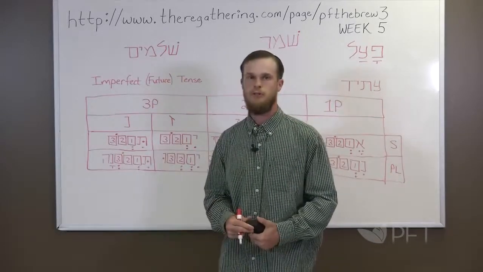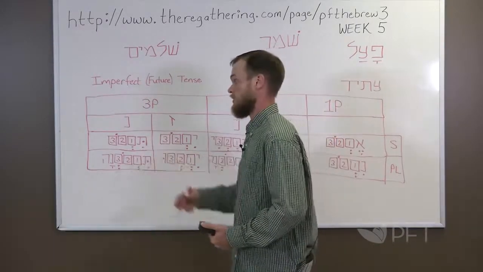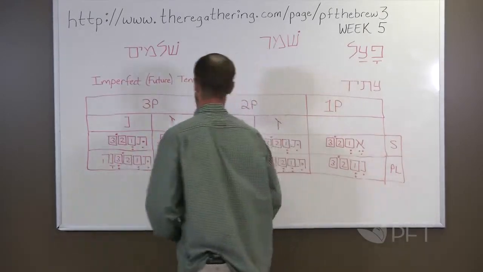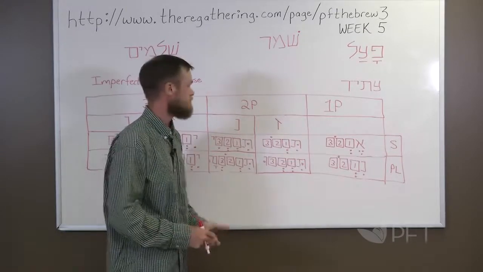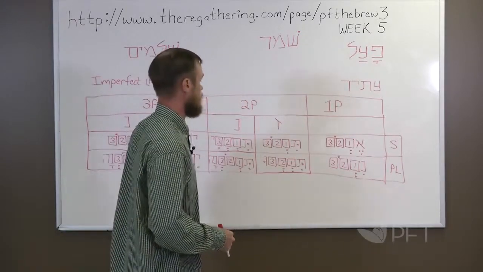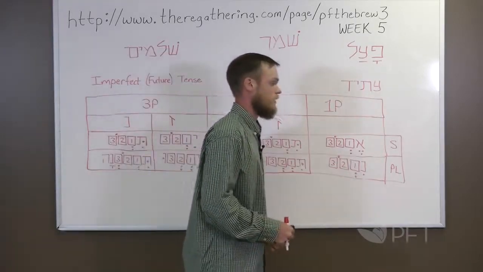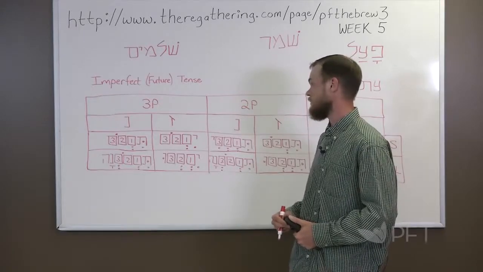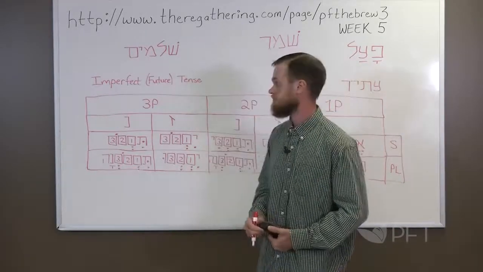Now, this is usually not confusing because in context, this verb will have a subject, and that subject will either be feminine or it will be ata, which is you. All right, but it is worth noting that the same spelling and vowels are used for the second person masculine singular and the third person feminine singular in the future tense.